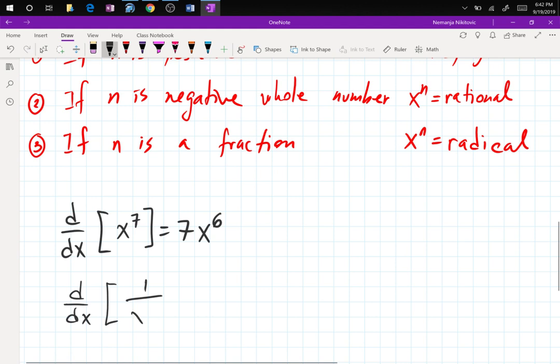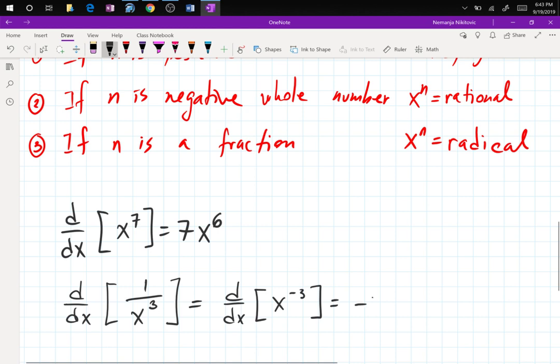Next example is going to be the derivative of 1 divided by x to the 3. The first order of business is to rewrite this. Obviously, you will be rewriting this in your head later on when you get practice. Right now, you are rewriting this into the derivative of what? x to the negative 3. Very good. And now, the same rule applies.